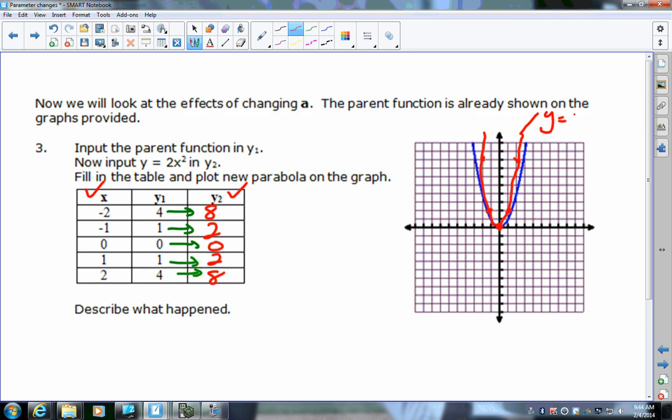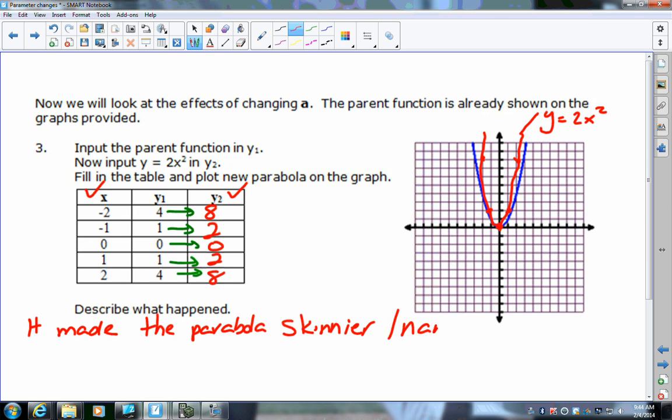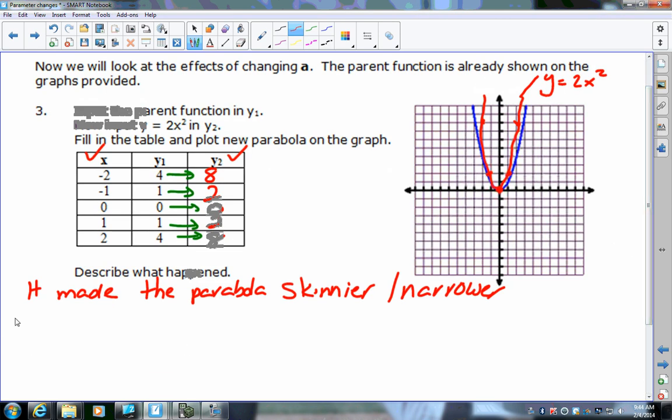The equation was y equals 2x squared. So describe what happened. It made the parabola skinnier. The other word they'll use is narrower. Because it doubled the y numbers of the parent function.